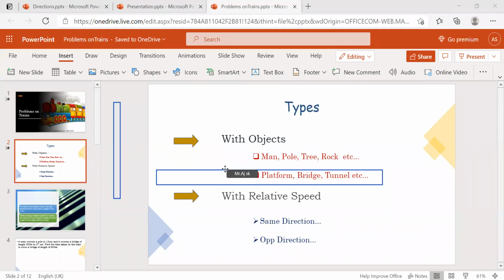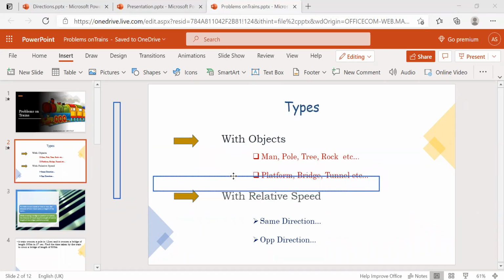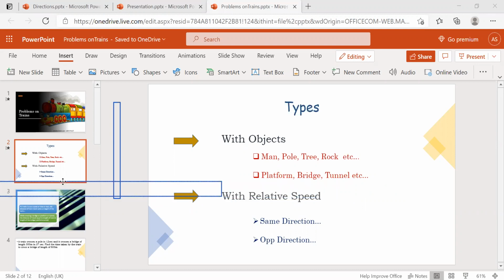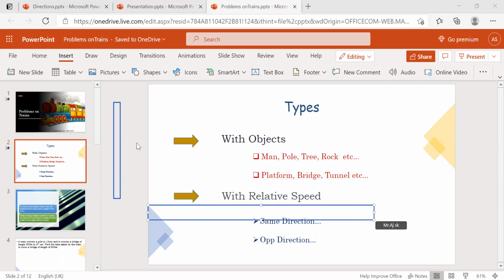Whenever this train is moving like this and it's crossing the pole, that means the train's end point will meet the pole, right? So then we can say it crosses the pole. So here, first point, this will be the object and this will be the train.